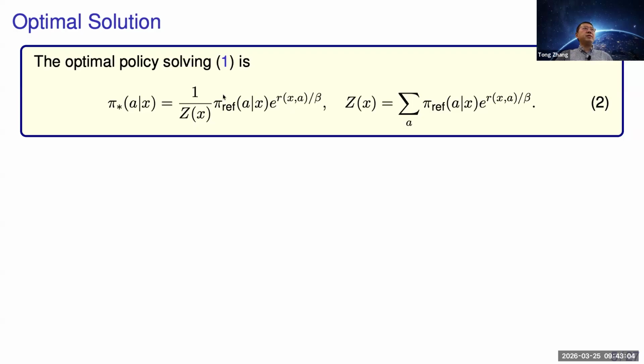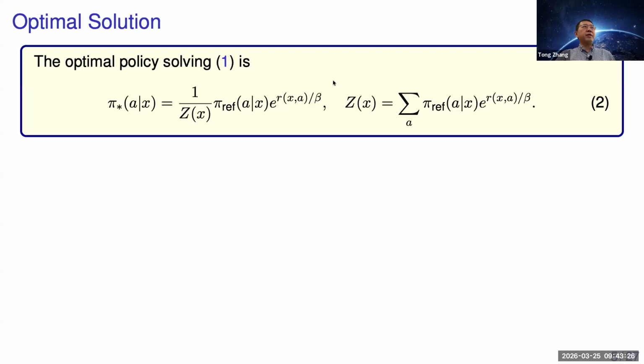If you read this, this is the original pi_ref, which may give some good answers a smaller probability because it doesn't have a high reward. But after solving that equation, what you really get is your pi_ref weighted by the exponential of the reward. Of course, the larger the reward is, the larger this is.